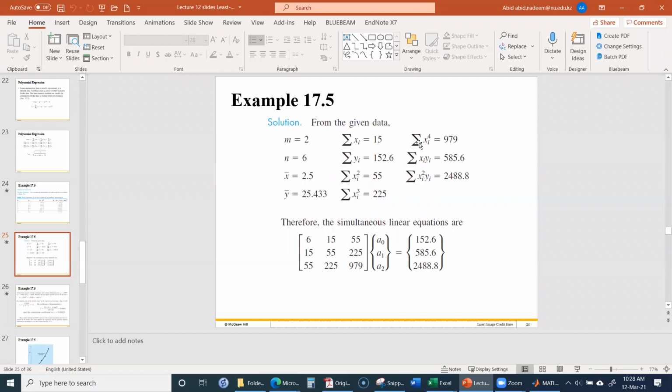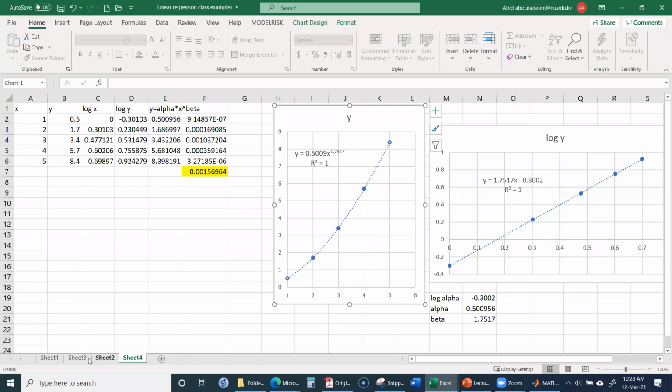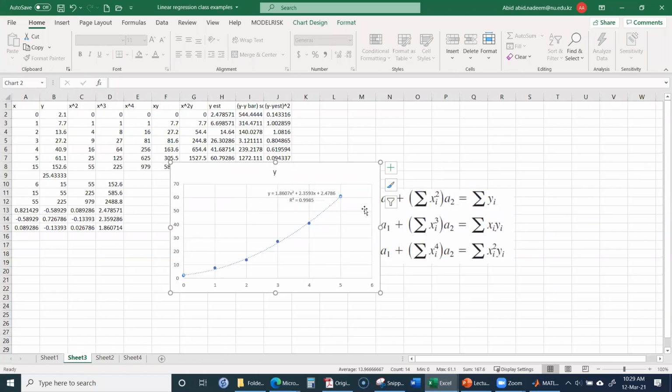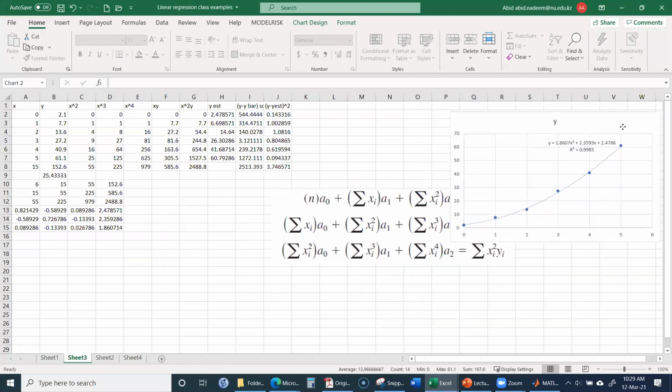All these values we can easily calculate. For example, here I have done the same example with x, y, x square, x cube, x4, xy, x square y, and so on.